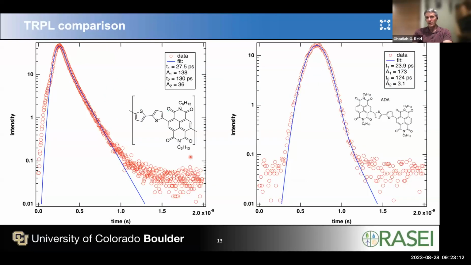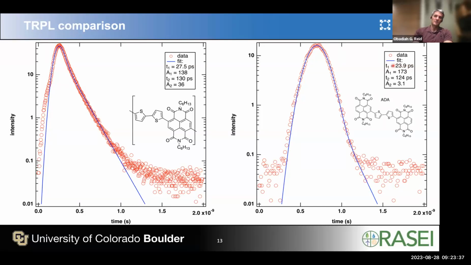You go and look at the TRPL, and the story is pretty similar. These look different, but that's because of different instrument response functions, measuring N2200 in solution versus the ADA compound in solution. But if you fit through that instrument response function, the time constants you get out for the PL lifetime in these two cases are basically the same. You've got two components.